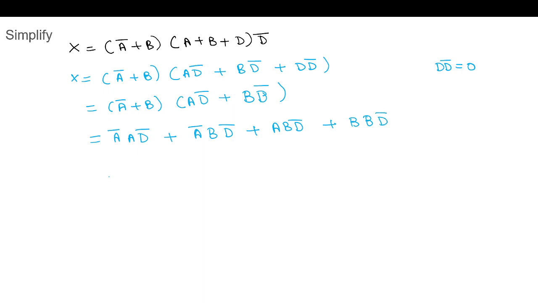And B complement is B complement. So A complement A is 0. Plus B complement, plus this is B. So B complement.